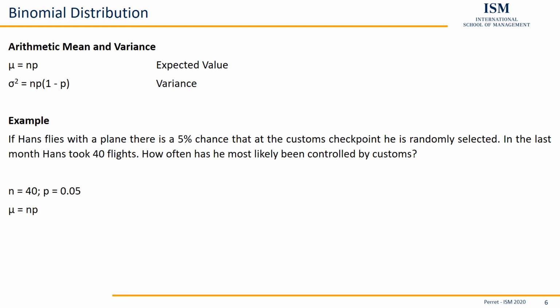That's the 2 values here. We get our expected value, sample size times probability, giving us the number 2, meaning he's most likely been controlled twice during his 40 flights, if the whole process works randomly, that is.